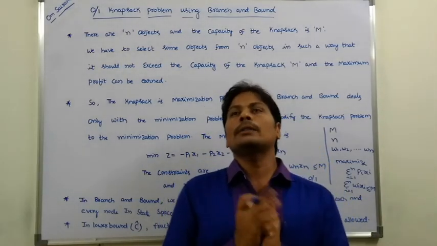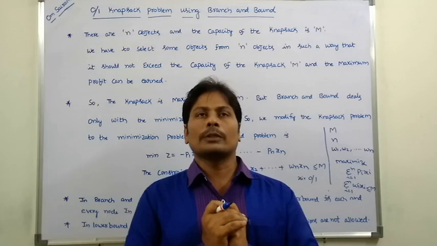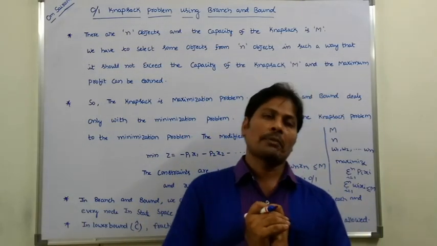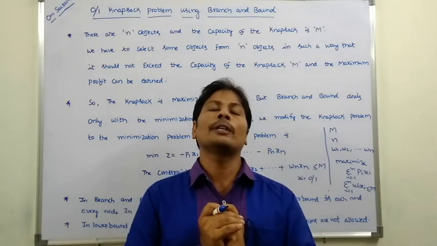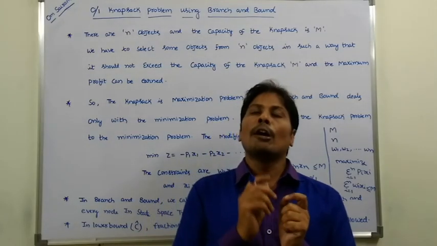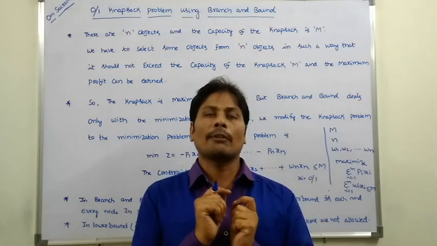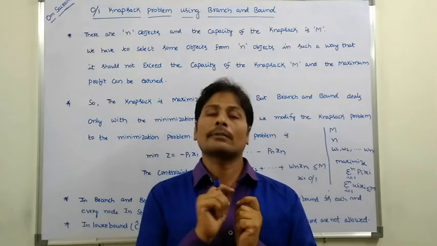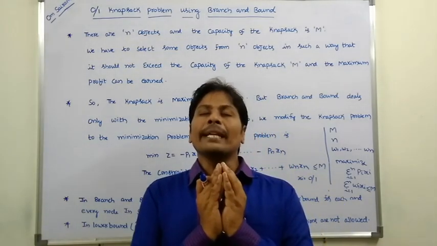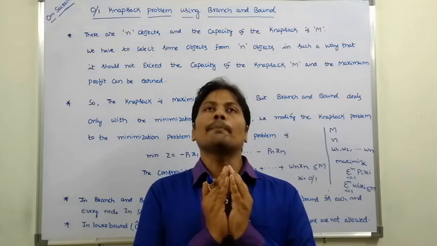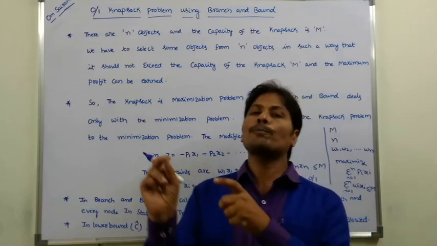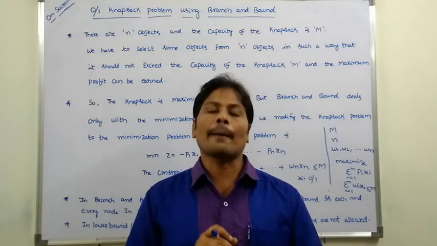In the lower bound, we allow fractions, but in the case of the upper bound, we do not allow fractions. A fraction is nothing but 1/3 of the object, or 1/2 of the object, or 3/4 of the object. So we do not completely place the object into the knapsack; only some part of the object is placed into the knapsack.